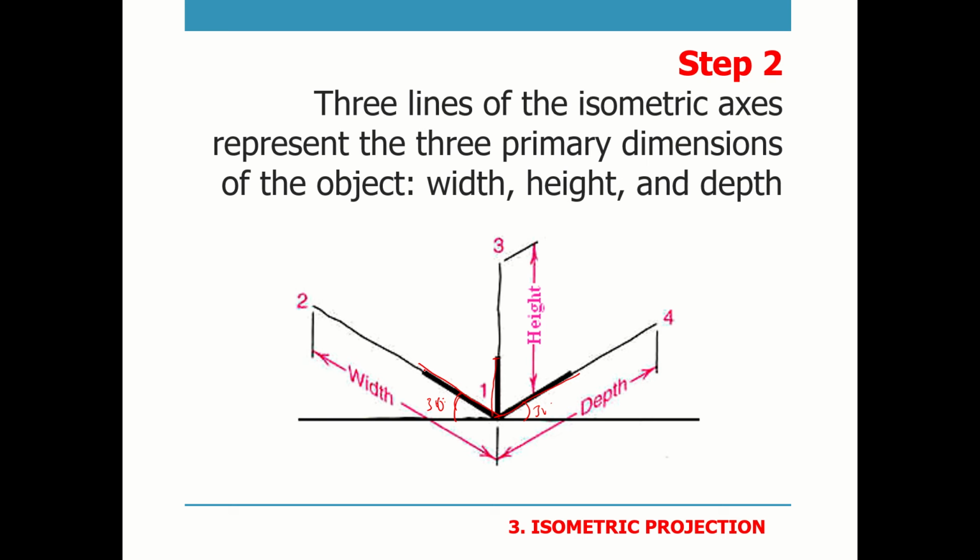Once you have done that using construction lines, based on the actual size of your house or actual size of the object, let's say this is 5 meters and this is 4 meters, and again this is 4 meters and this is 3 meters.